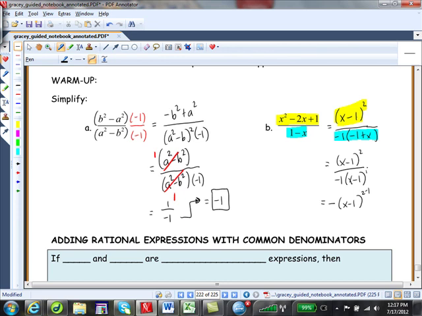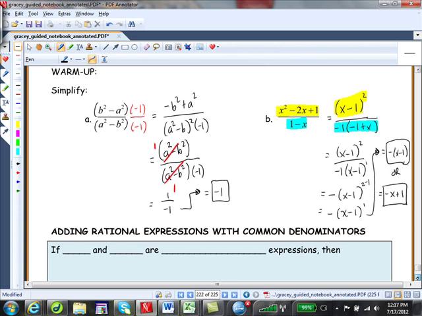There's a power of 1 on the denominator. So we will end up with a result of x minus 1 to the 1, and that's the opposite of that. So you can either put your result as the opposite of x minus 1, or you could have put -x plus 1. It's up to you. All right, so onward.